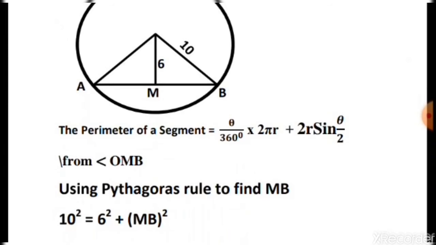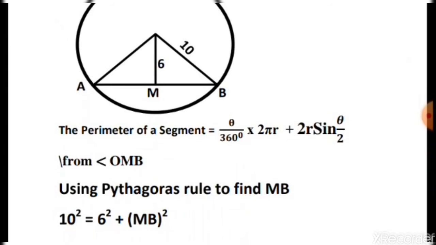The first one is AMO, while the second one is OMB. From triangle OMB, we are going to use Pythagoras rule to find MB. Don't forget that M is the midpoint of AB. So once we are able to get our MB, automatically we will only multiply by 2 to get our length AB, which is the chord.